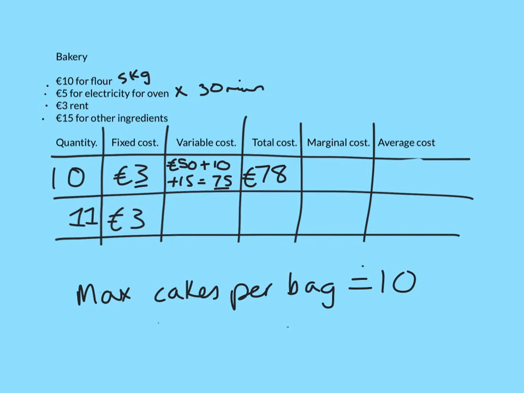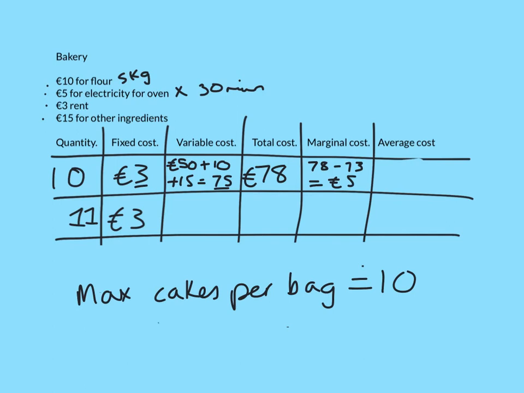And then I have my marginal cost. So from the 9th cake, well, we had 78 as this cake. The 9th cake would have only cost, or 9 cakes would have only cost 73 to make, because remember, every time our change in marginal cost was just the €5 extra for electricity, so that should still stay at €5.